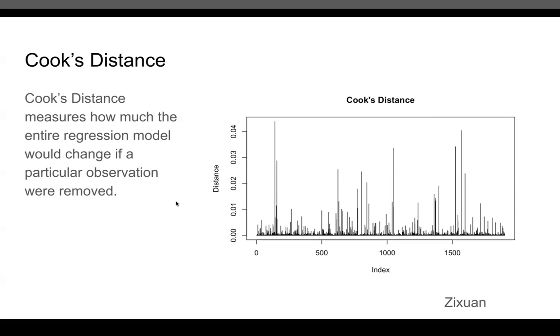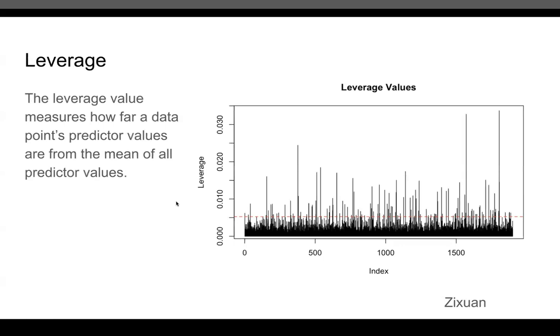So we will apply our next test, the leverage test. The leverage value measures how far a data point's predicted values are from the mean of all predictor values. And the red line shows the mean values of this model. And so there are several observations far away from this value.